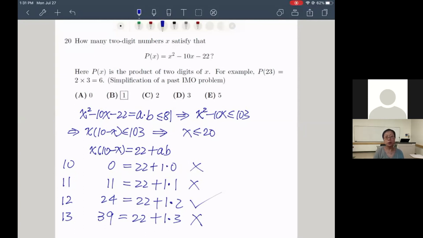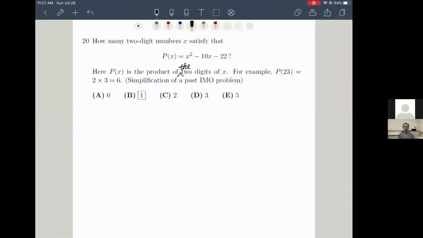Next, we're going to introduce another method which involves a little bit more algebra. Specifically, we are going to use the root formula of the quadratic equation. How many two-digit numbers x satisfy p(x) equals x squared minus 10x minus 22, where p(x) is the product of the two digits?